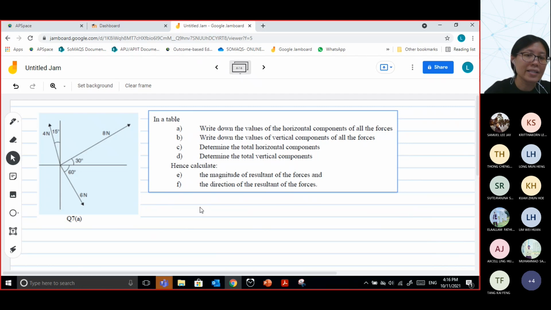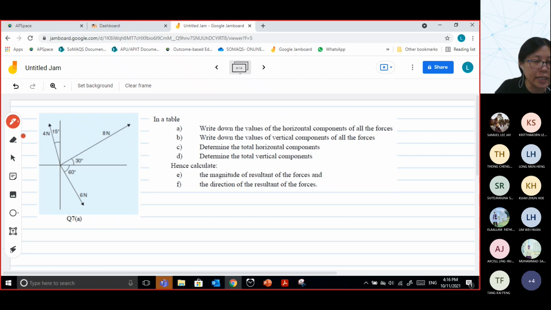Okay, so let's have a table. It will be easier for our calculations here.